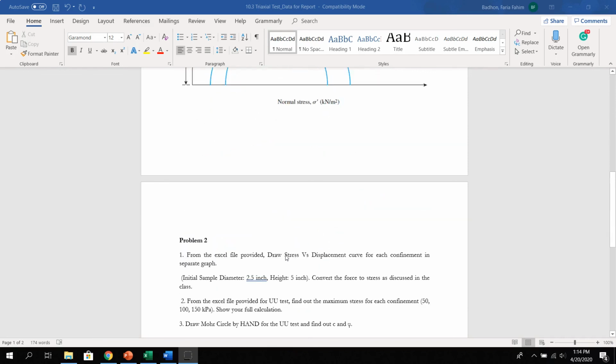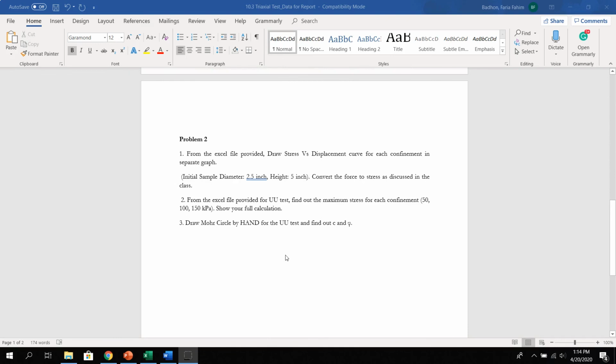Okay. And for problem 2, one Excel file has been provided. You have to calculate sigma 1 and sigma 3 from that data. At first you have to draw the stress versus displacement curve for each confinement in a separate graph, and from that graph you can calculate the deviator stress. You know your confining stress, that will be your sigma 3.